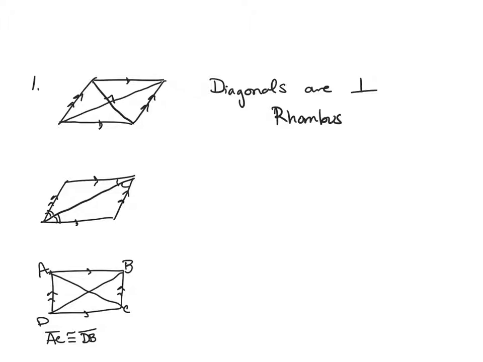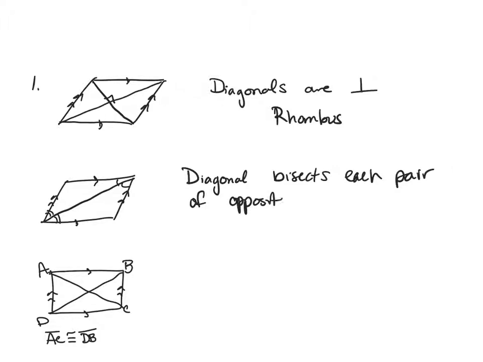The next thing you can look at also with diagonals is when the diagonal bisects each pair of opposite angles, right?